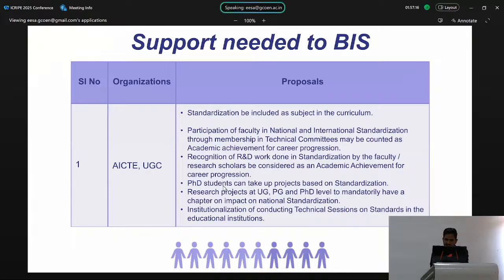Next, from organizations like DST, CSIR, and other research organizations, we want all the government-funded R&D projects to be visible on a single platform. Directions may be issued to include the Indian standards in the lab manuals for the laboratories.